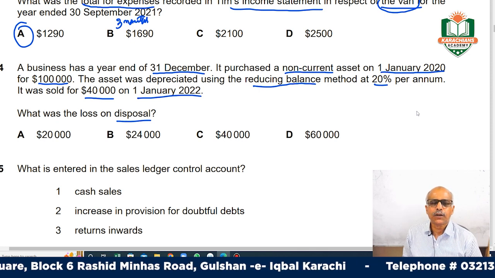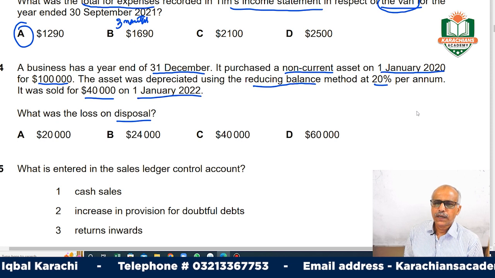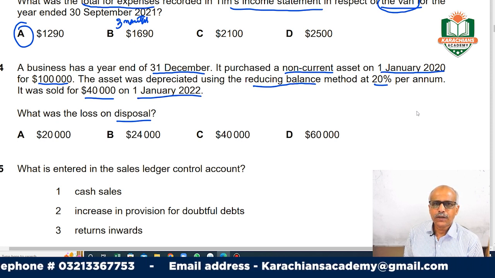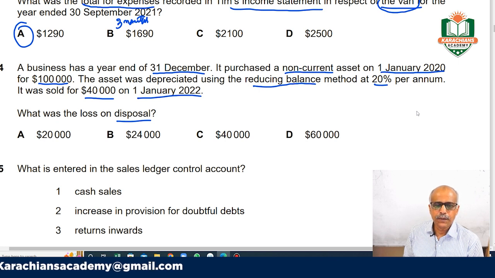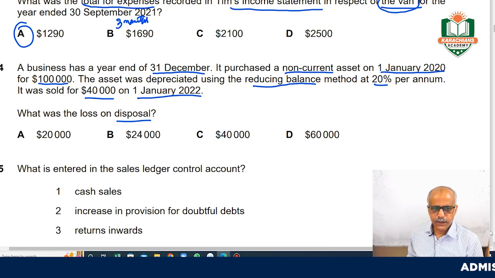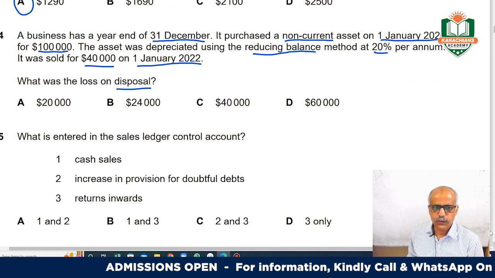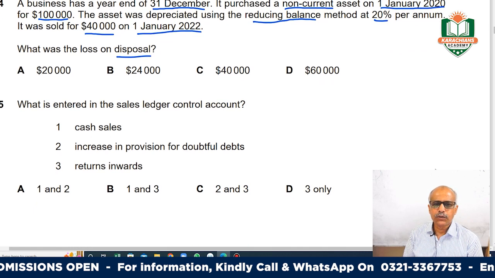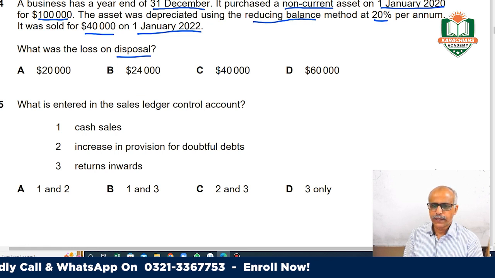This is a very simple question, and it is a very clear concept when you studied non-current assets in your syllabus. Disposal is very simple. We have marked out all the important points and the reducing balance method.